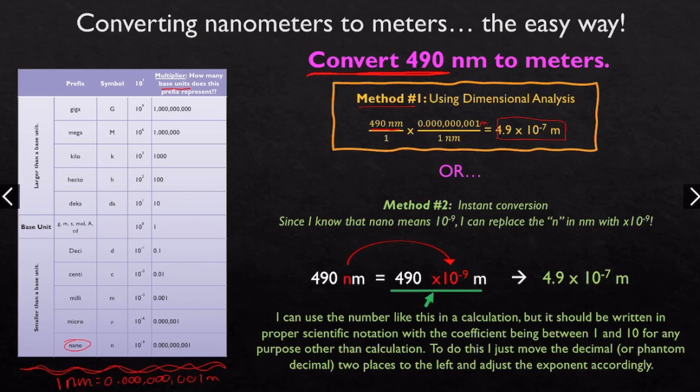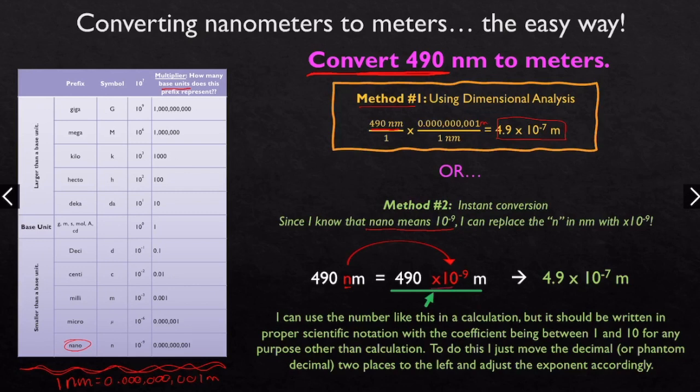Or I could do a super easy thing, and I'm just calling it instant conversion because that's kind of what it is. Since I know that nano means 10 to the negative 9th, then I can replace the little n in my unit with a times 10 to the negative 9th.